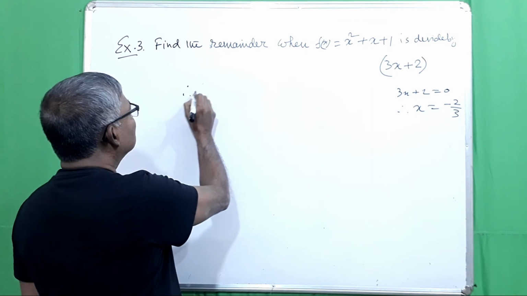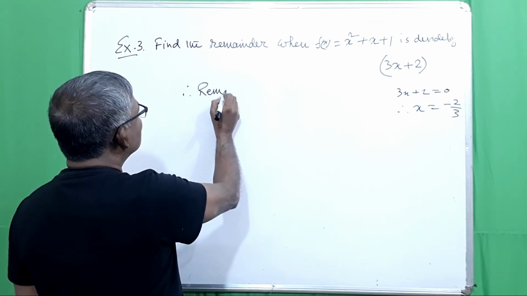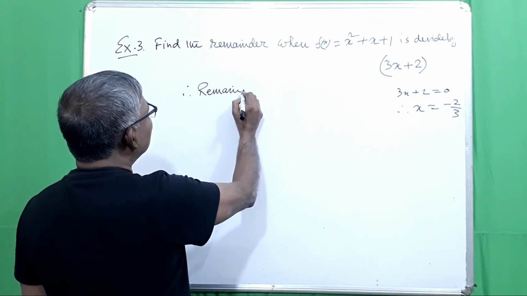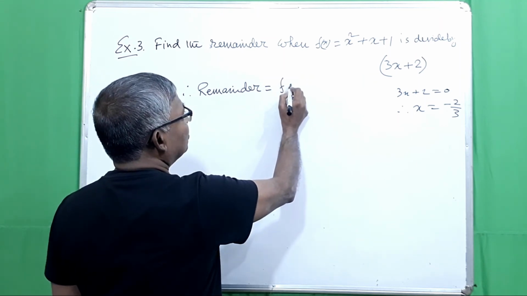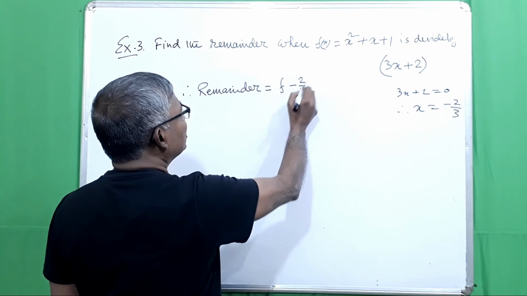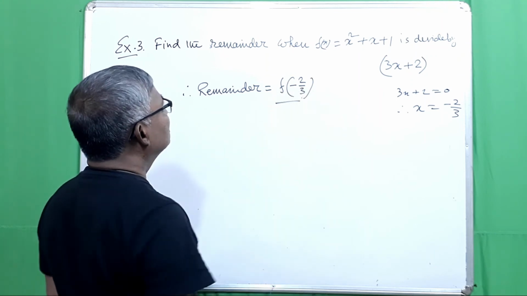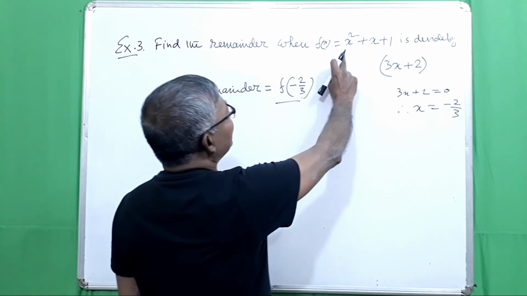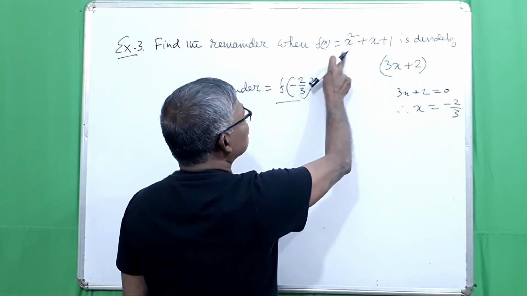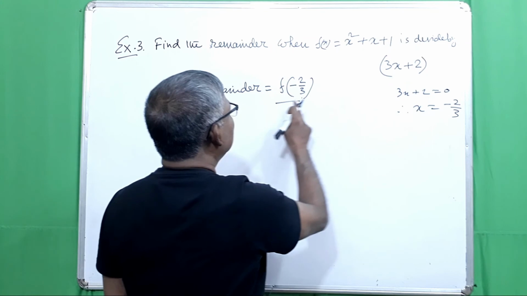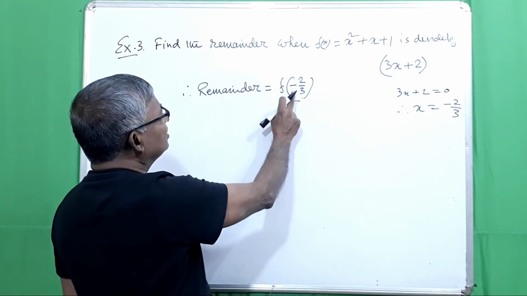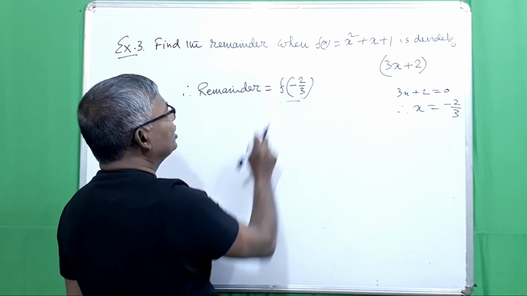Therefore, remainder equal to f of minus 2 by 3. Students, whenever the polynomial x square plus x plus 1 is divided by 3x plus 2, the remainder is f of minus 2 by 3.